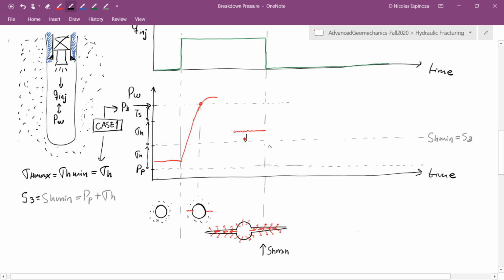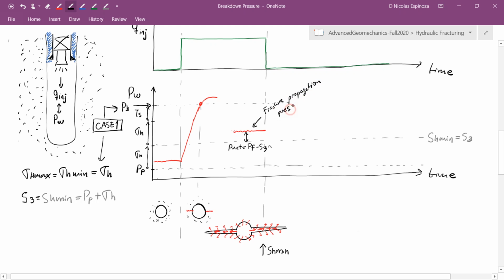And the difference between that minimum principal stress and the fracture propagation pressure is going to be what is called the net pressure, and is the pressure in the fracture minus the least principal stress. And the pressure at which the fracture propagates is called the fracture propagation pressure.